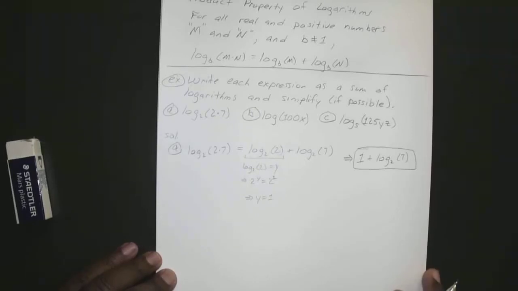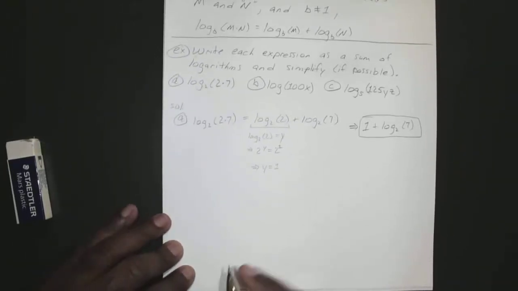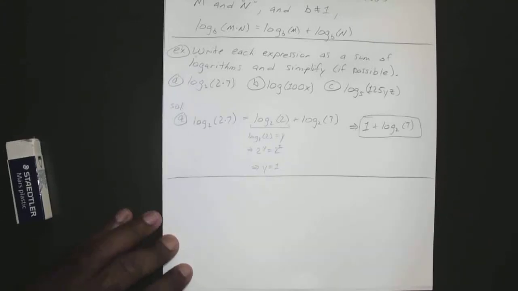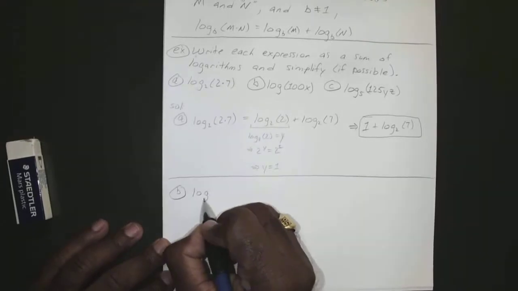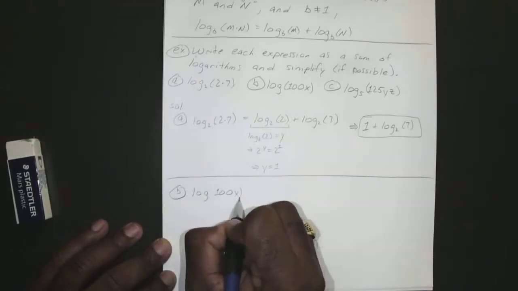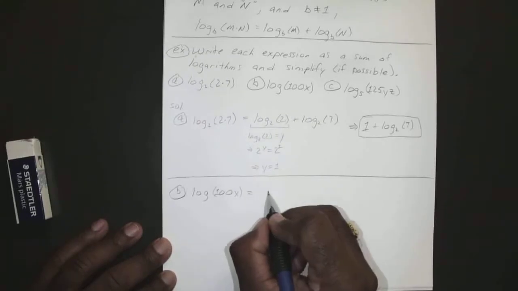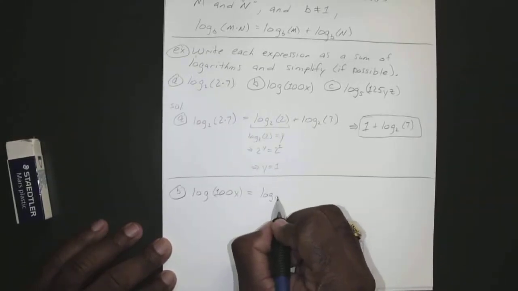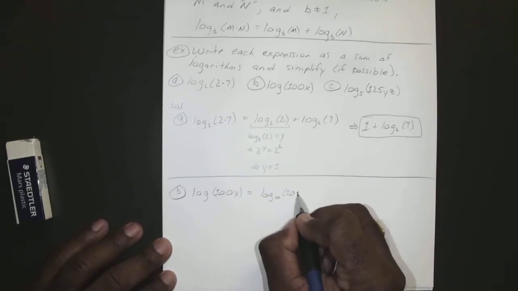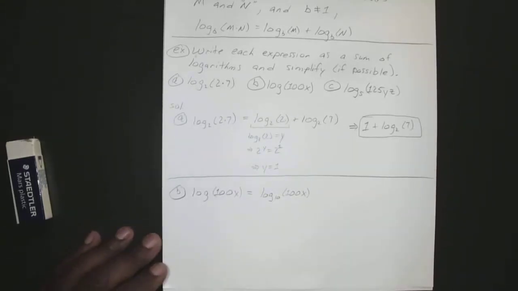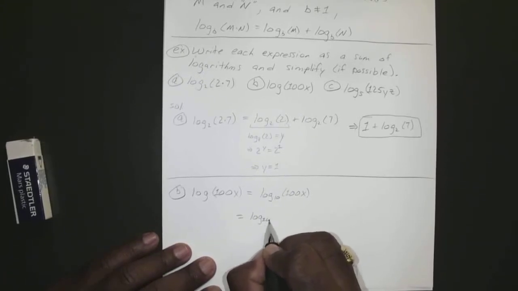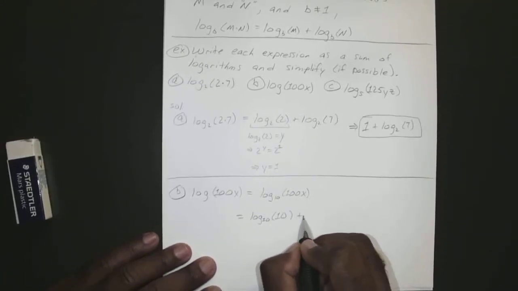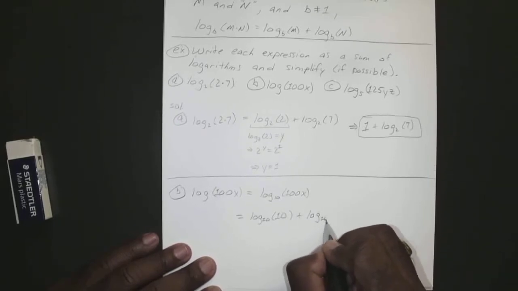Okay, so we'll do the same thing for problem B. Log of 100x, we can just make that log base 10 of 100x, 100 times x. And using the product property, that's going to equal log base 10 of 10 plus log base 10 of x.